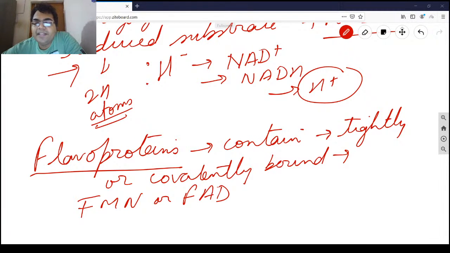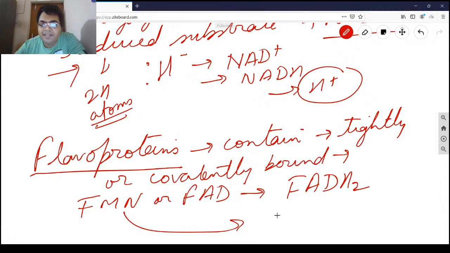Now what can happen is the oxidized flavin nucleotide can accept either one electron or two electrons. So by accepting electrons it can give you FADH2, and FMN can accept electrons and give FMNH2 also.